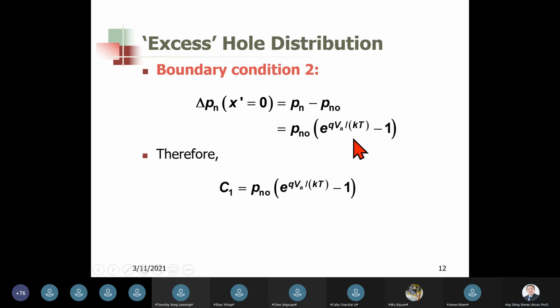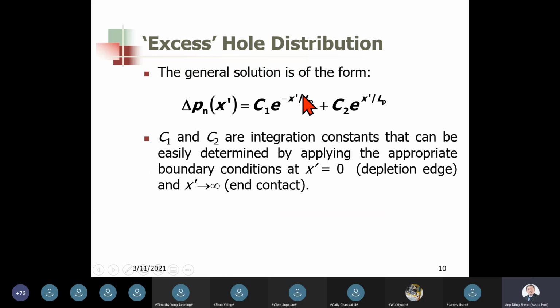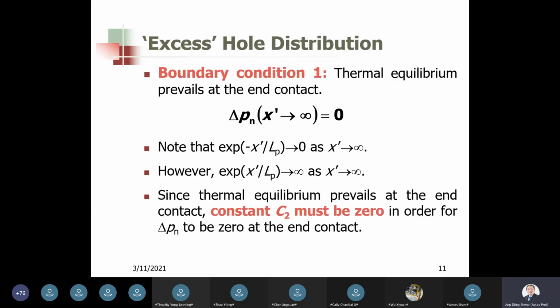Okay. So substituting x prime to be 0 into this expression, C2 is already 0, so you only need to worry about the first term. With x prime being 0, the exponential term will give you a 1. In other words, C1 is essentially the excess hole concentration at the edge of the depletion region on the quasi-neutral n side of the PN junction.